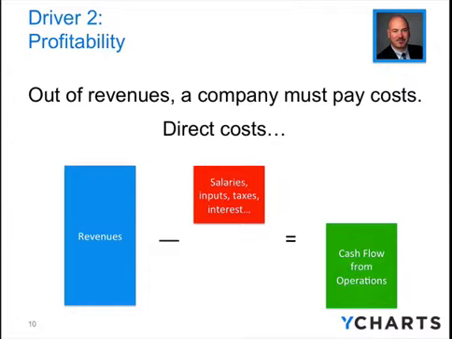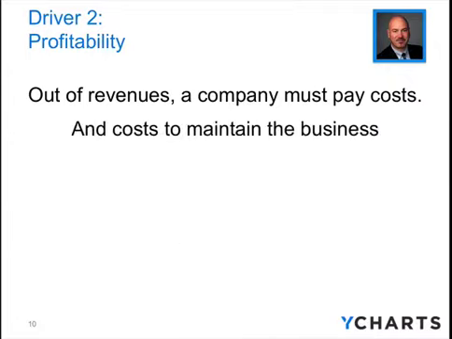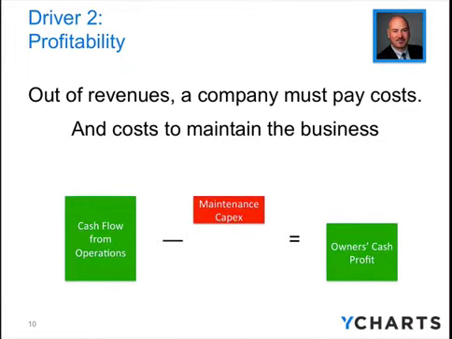However, not all of the costs that a company must pay are direct ones. Some of the costs are costs to maintain the business as a going concern. Because they're used to maintain the business, we call them maintenance CapEx, maintenance capital expenditures. At YCharts, we use a special bit of jargon called Owner's Cash Profit, or OCP.